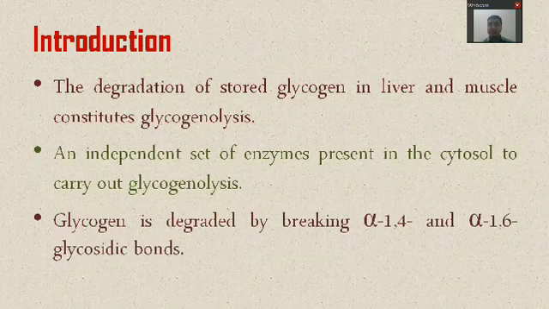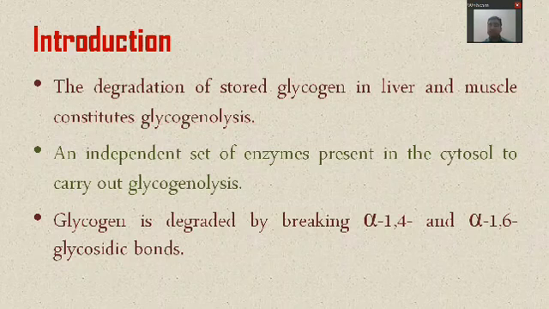As we know, glycogen is formed by the union of glucose residues. They are joined to one another by two types of bonds, that is the alpha 1,4 glycosidic bond and the alpha 1,6 glycosidic bond.